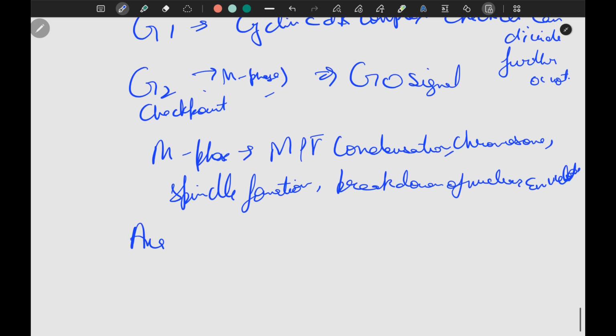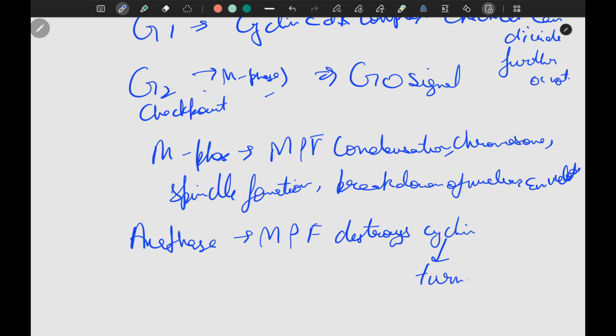At the time of anaphase, MPF destroys cyclin, resulting in turning itself off.